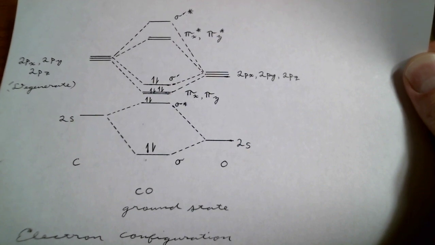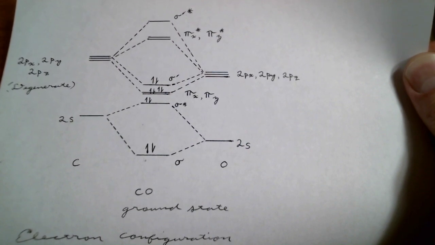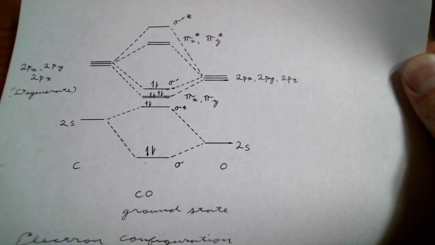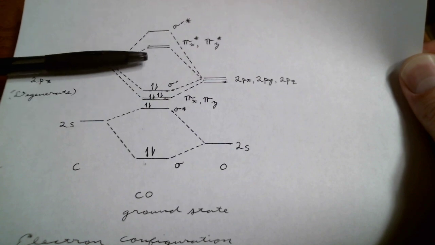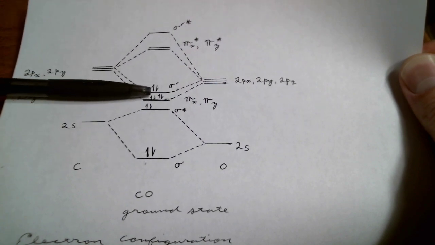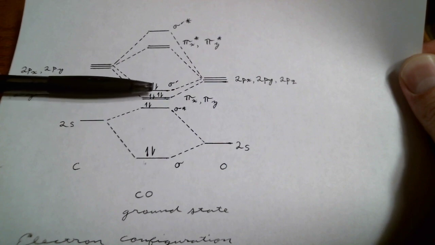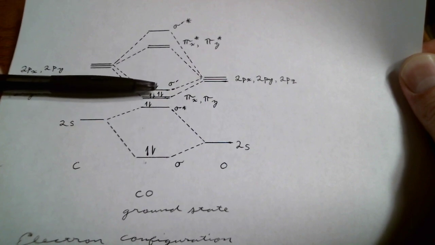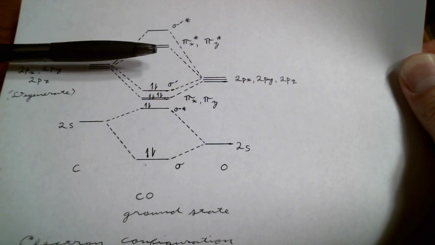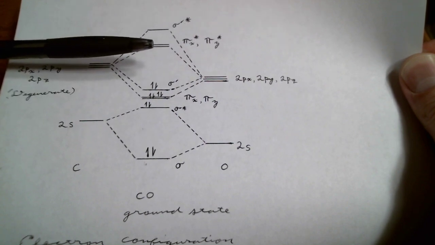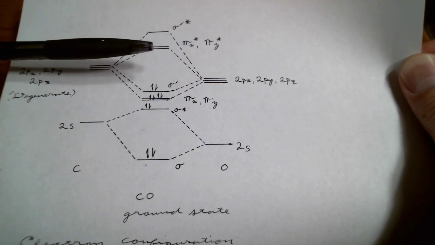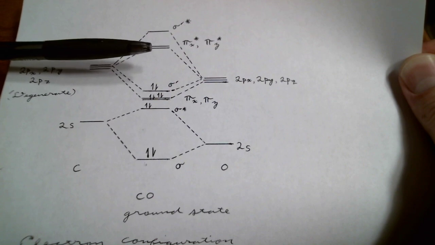An interesting feature of these molecules is that the electrons exist in molecular orbitals, and you can see there are energy gaps between the molecular orbitals. In fact, there's a gap of energy between the sigma prime molecular orbital and the next highest in energy molecular orbital, the pi star x or pi star y antibonding molecular orbitals.